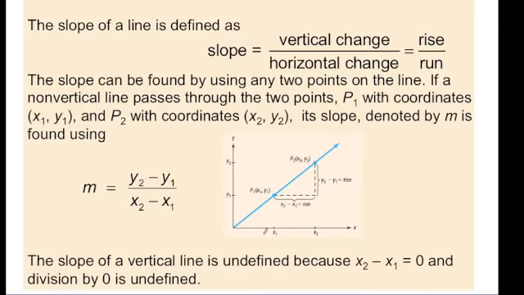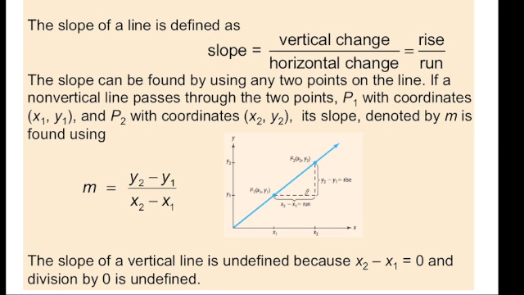Now the slope of the line is what angle, when I draw it, what angle does it come to? The slope is defined as the vertical change over the horizontal change. How much does it go up as it goes across? We shorten that to rise over run. The slope is found by taking any 2 points, and here they have these 2 points.